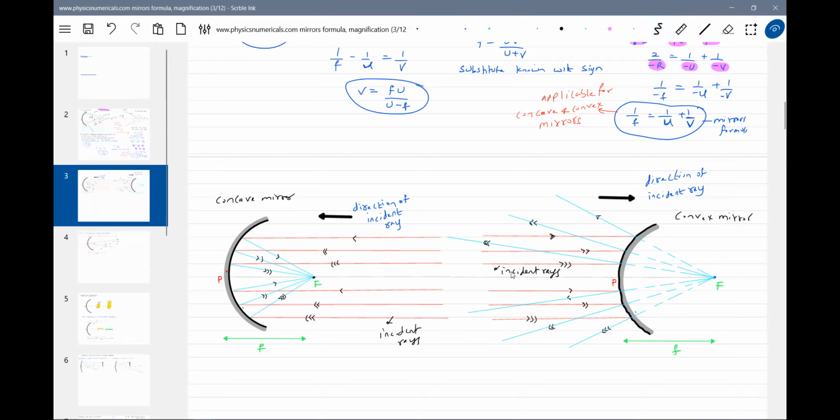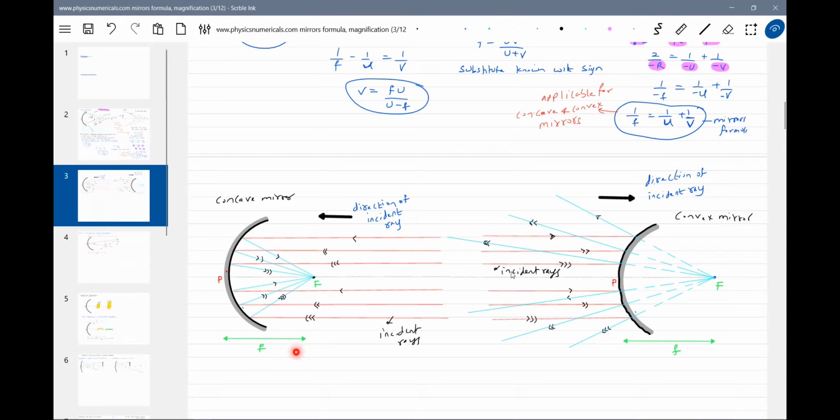Now, if the object is at infinity, I'm going to take help of this formula. Put u equal to infinity. Where will the image be? The image will be at the focus.